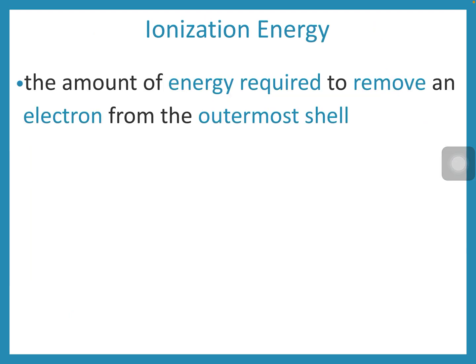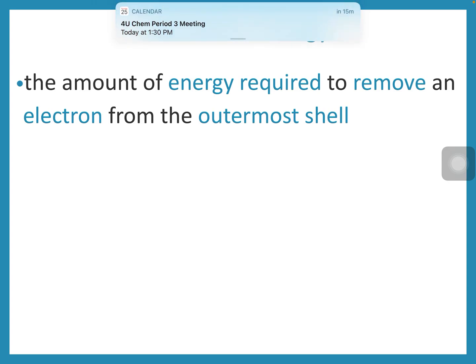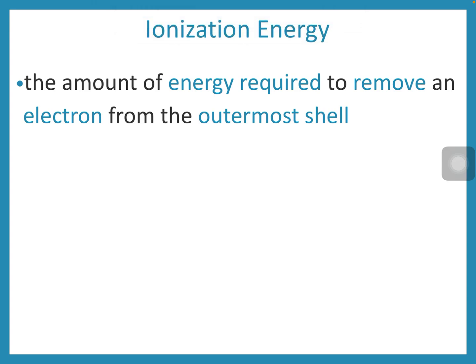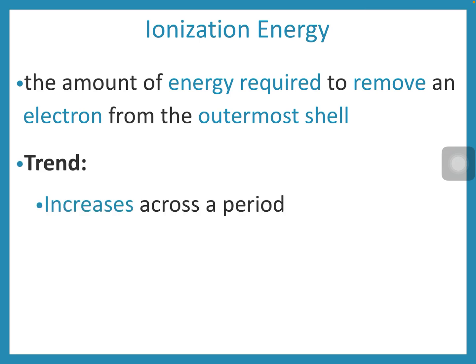So ionization energy, what is that? This is the amount of energy we need to take an electron away from the valence shell, just removing one electron. The trend is that as the size of the atom decreases across a period, there's an increase in the energy needed to remove an electron.